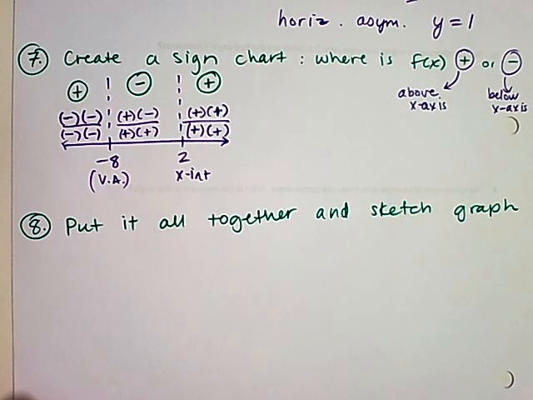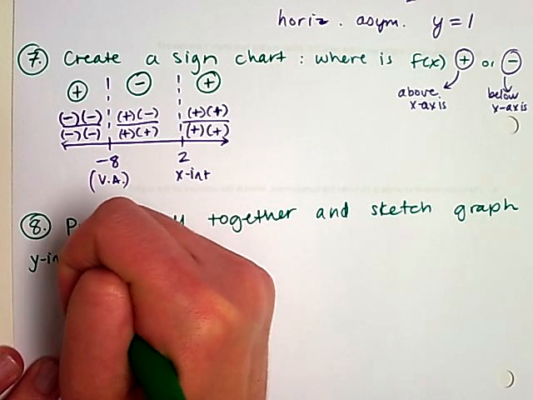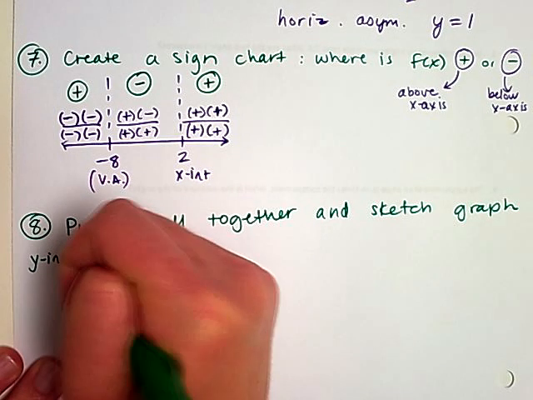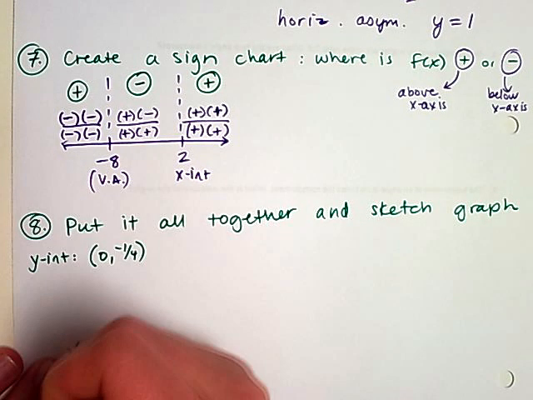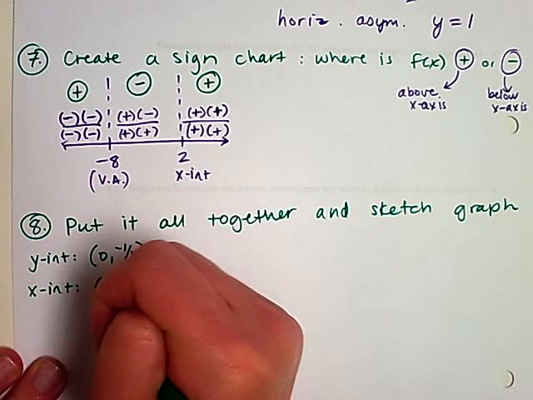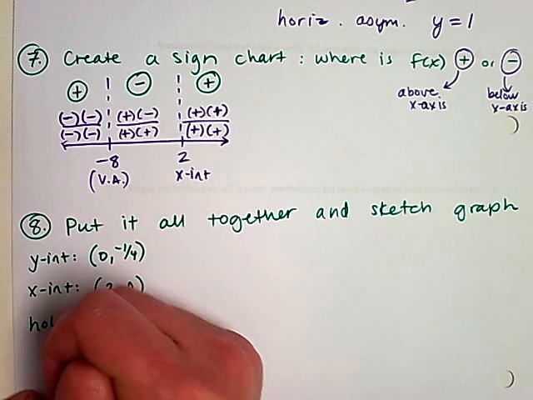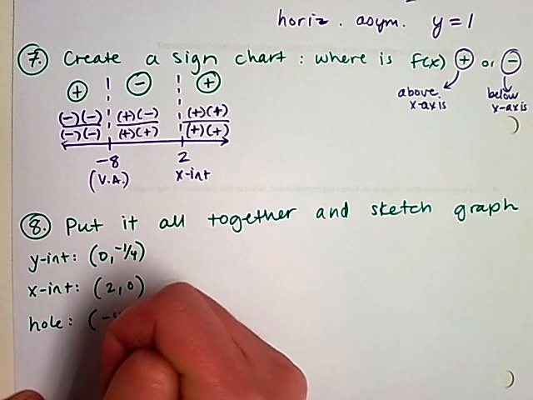So what is the all? Well, we have our sign chart, right? What else did we figure out? We had our y-intercept, which was (0, -1/4). We had our x-intercept, which was (2, 0). We had a hole at (-4, -3/2).